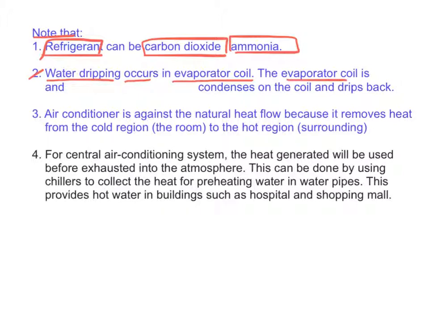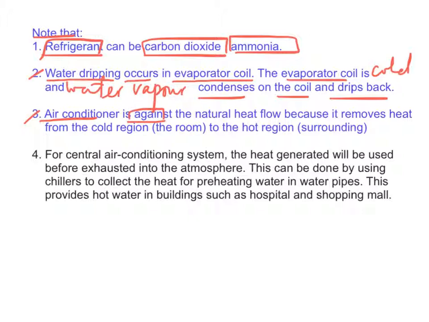The evaporator coil is cold, and the water vapor in the air will condense on the coil and drip down. Also, an air conditioner is against the lateral heat flow because it removes heat from a cold region, that is the room, to the hot region, that is the surrounding.